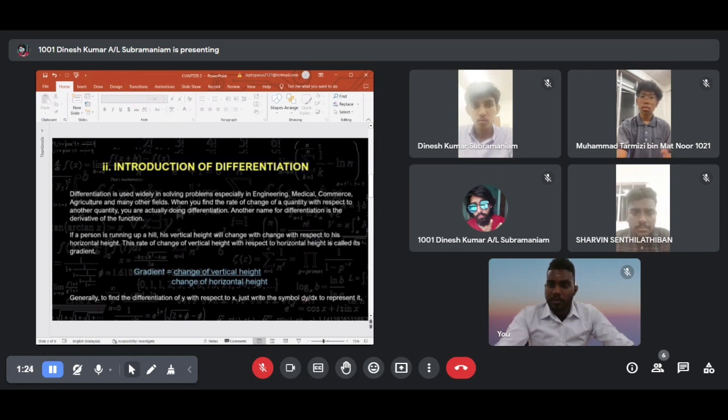If a person is running uphill, his vertical height will change with respect to his horizontal height. This rate of change is called its gradient. Gradient is equal to change of vertical height over change of horizontal height. Generally, to find the differentiation of y with respect to x, we write the symbol dy/dx.